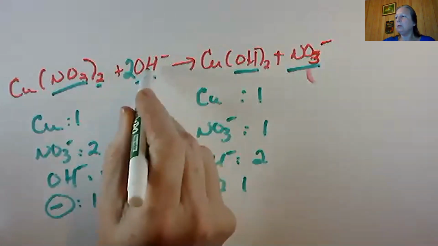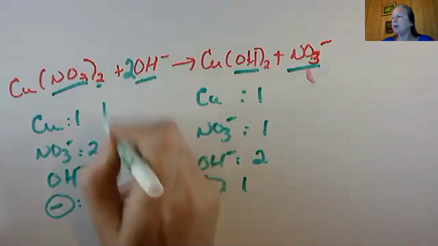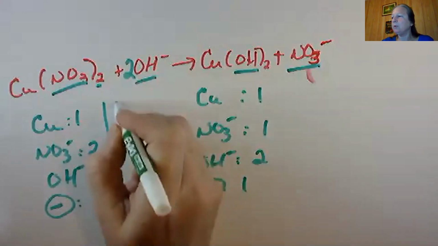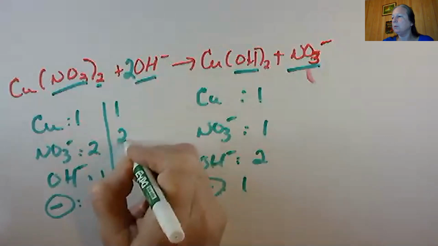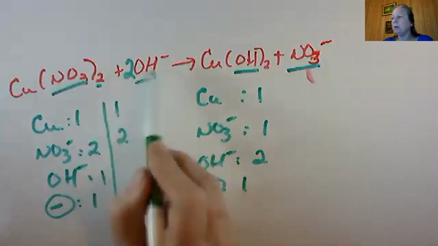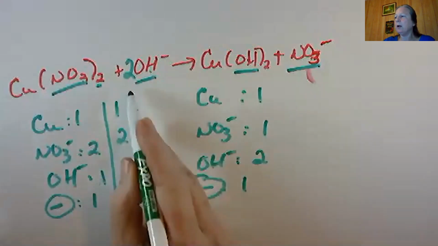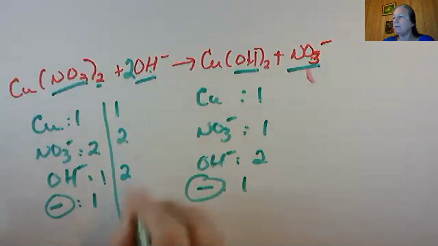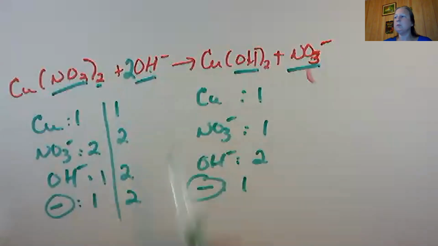Now I have just changed. So my copper is still 1 and my nitrate is still 2. Notice this doesn't have a charge because it's in a molecule. This is by itself. So I now have 2 OH groups and I have a 2 minus charge. So you're multiplying this times 2. You also have to take account of the charge.